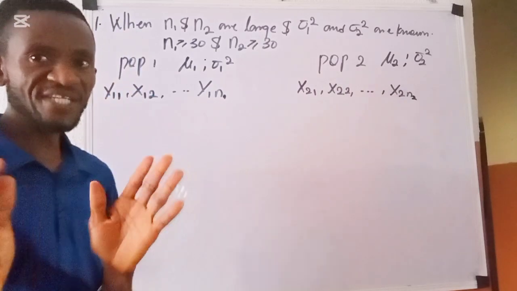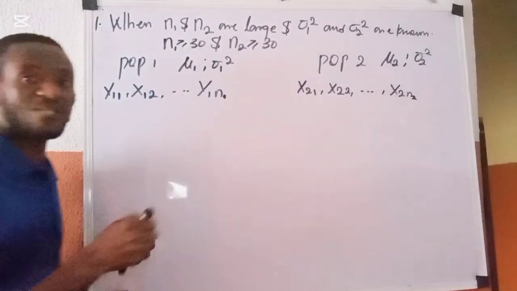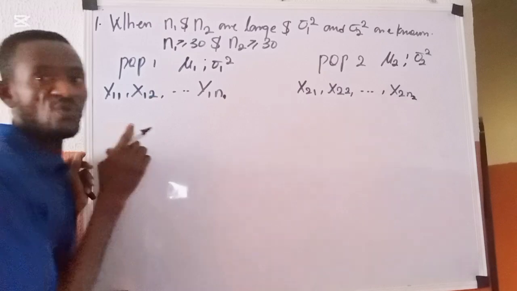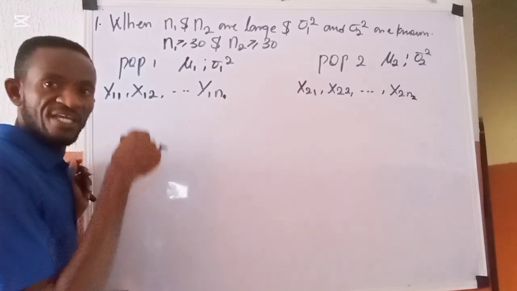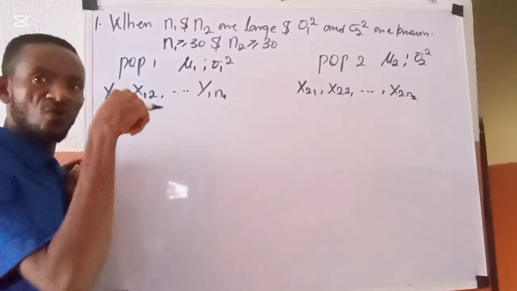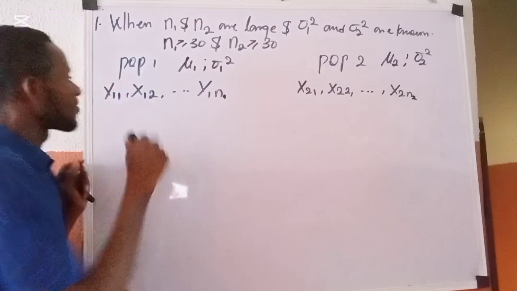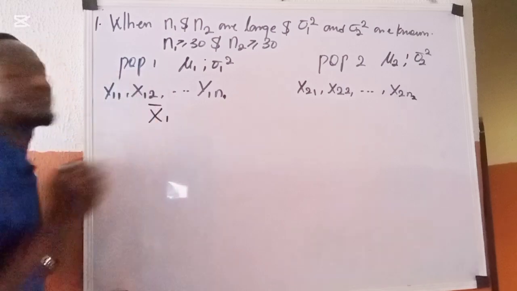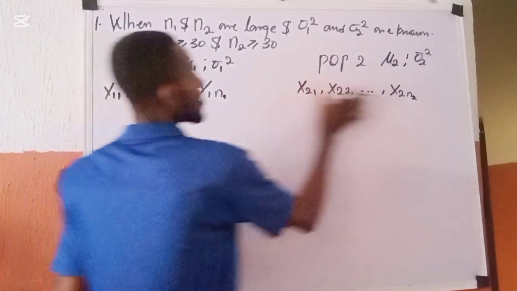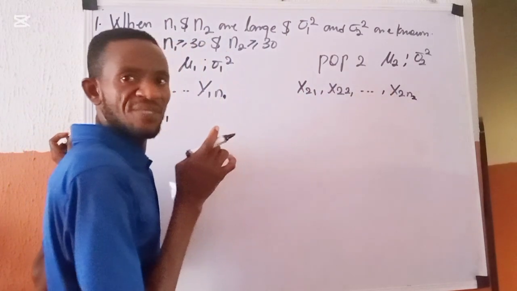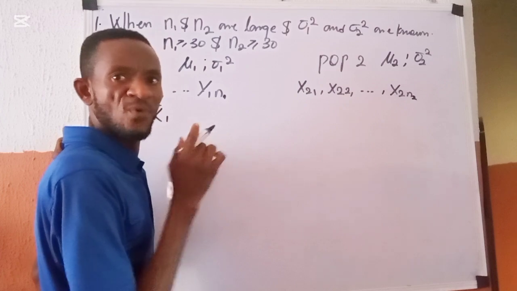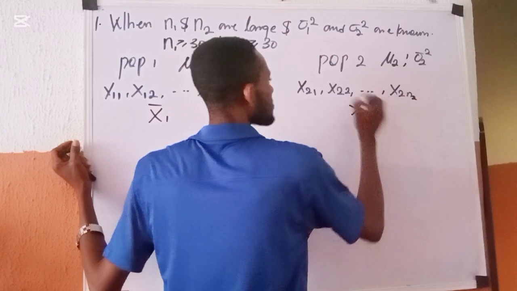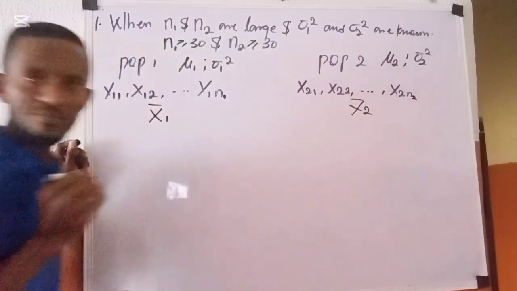Our interest is now, from sample 1, you are going to estimate the sample mean of population 1, which of course is given as X bar 1. You equally estimate the mean from the sample of population 2, which is X bar 2.